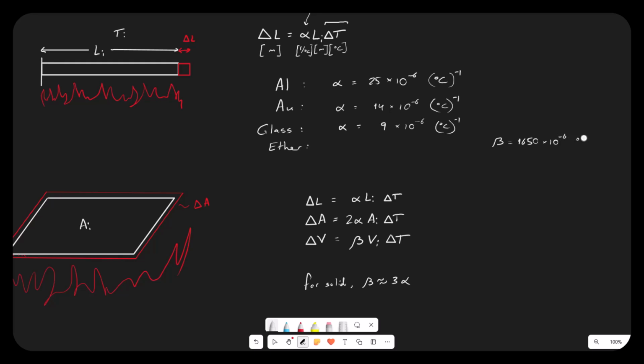And that is still degrees Celsius inverse. Other ones that might be helpful, mercury. We get a beta value of 180 times 10 to the minus 6th. And water, because why not? Water gets 210.